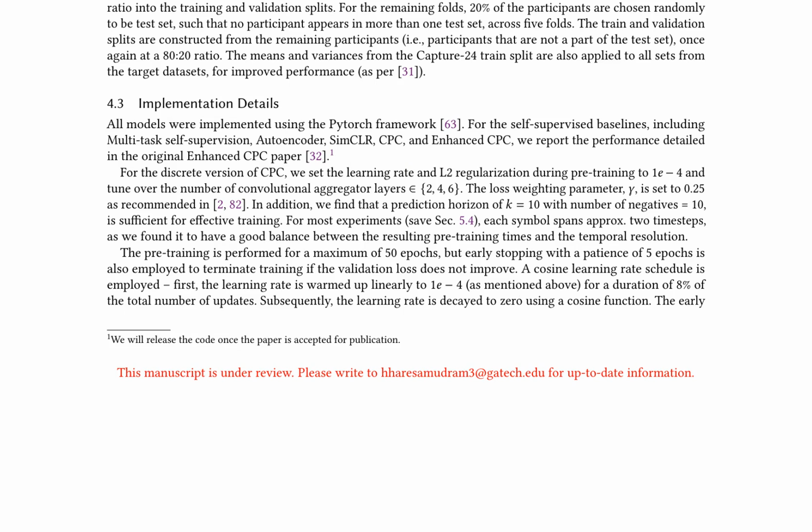For self-supervised baselines, the performance is reported as detailed in the original enhanced CPC paper. The discrete version of CPC is implemented with a learning rate and L2 regularization set to 1E-4, and the loss weighting parameter is set to 0.25. The prediction horizon is set to k equals 10 with the number of negatives equal to 10. Early stopping with a patience of 5 epochs is employed, and a cosine learning rate schedule is used.